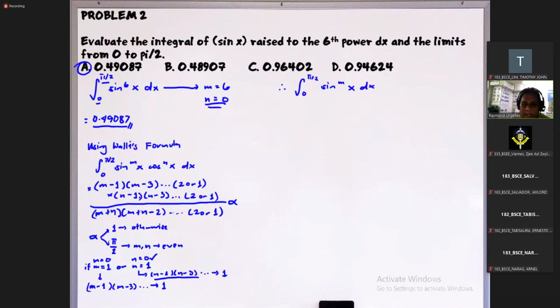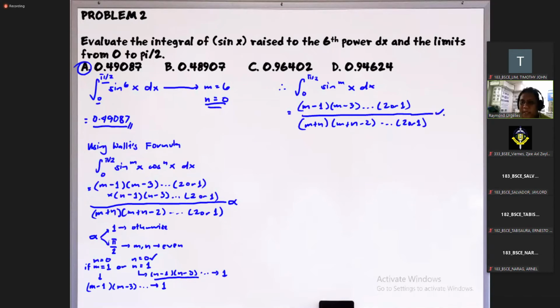The n minus 1 down to 2 or 1 disappears. So what remains here is m minus 1 times m minus 3 and so on until you reach 2 or 1, divided by m plus n times m plus n minus 2 and so on, until you reach 2 or 1.